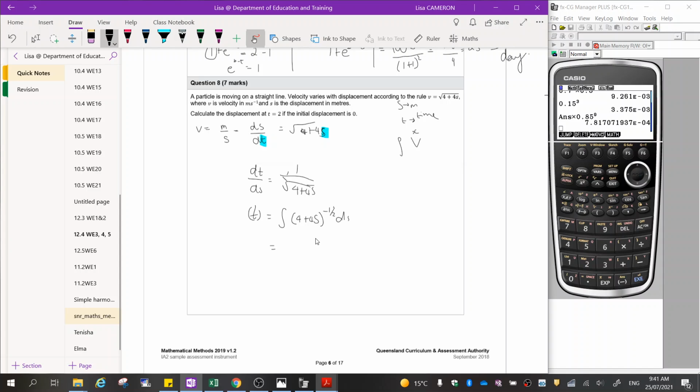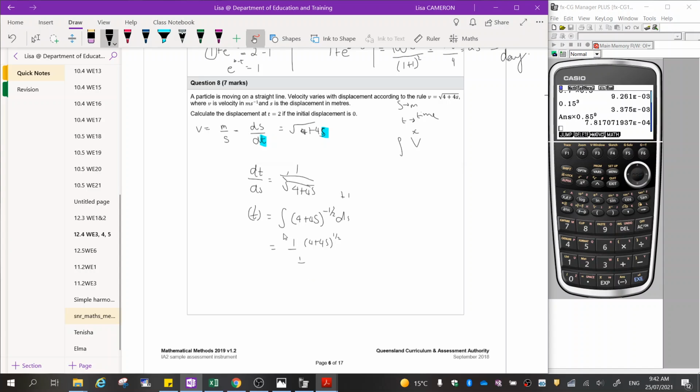I'm just going to integrate. So in methods, we use the reverse chain rule. So I still do 4 plus 4s. This power up here will plus 1 to make it positive a half, and then this is going to be divided by a half. So that means the 1 will stay there.